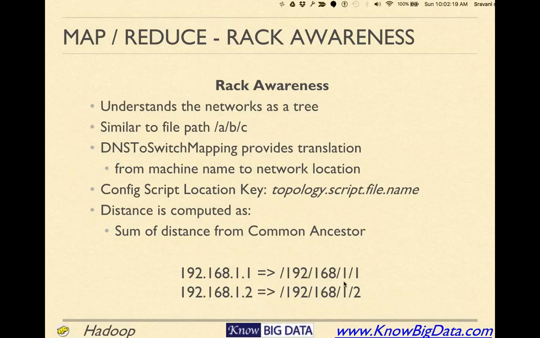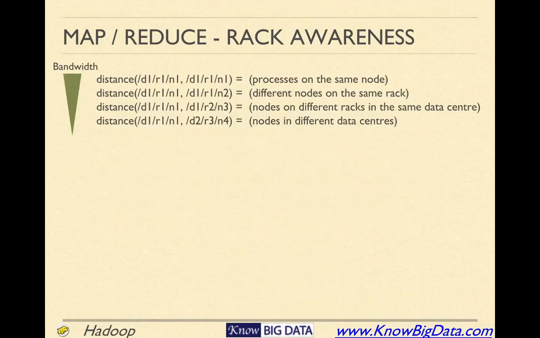So here and here the common ancestor is 1, and therefore the distance between it is 2. All right. As the distance grows, the bandwidth also is smaller. The farther the two nodes are, the smaller the bandwidth.